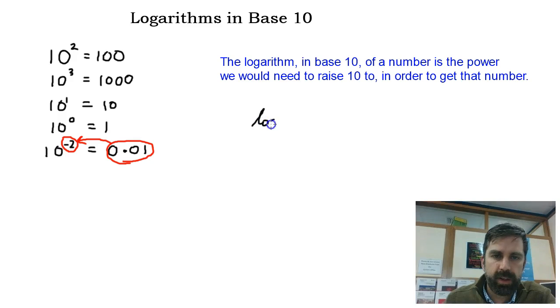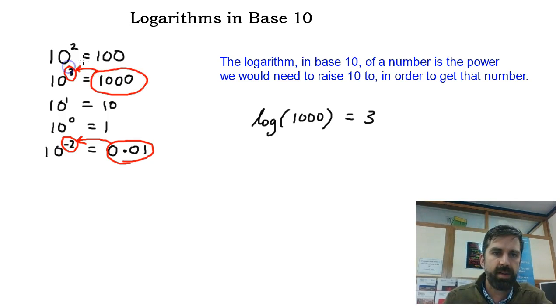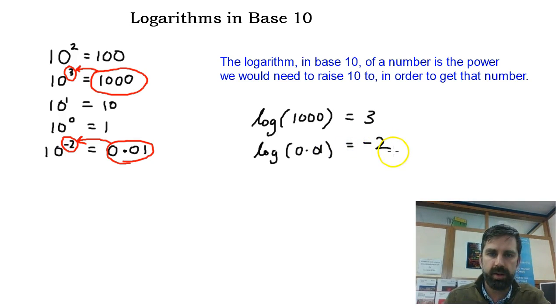So for example, the log of 1,000 is equal to 3. And that's because of what we did over here. The log of 1,000 is that power there, it's the 3. Similarly, the log of 0.01 is negative 2.